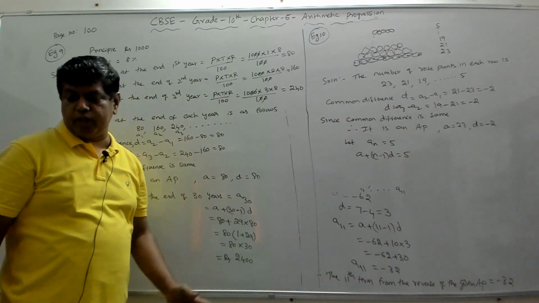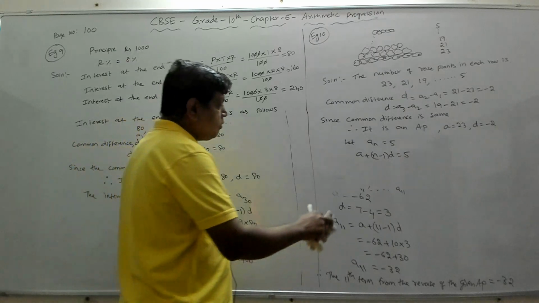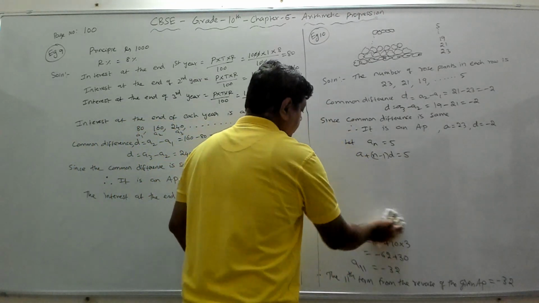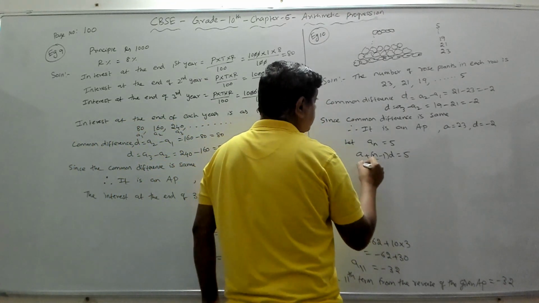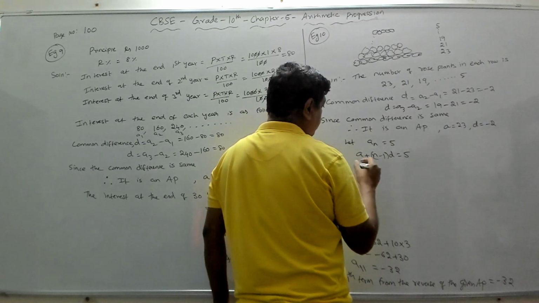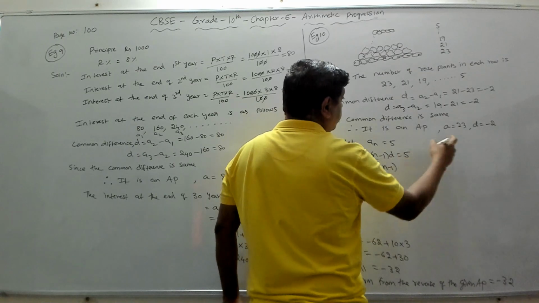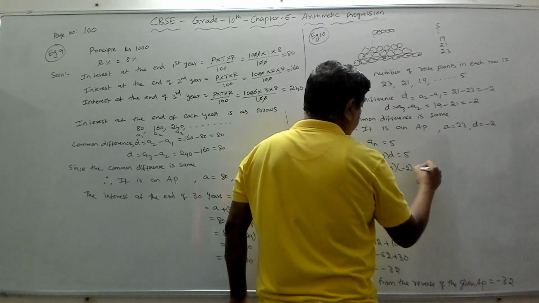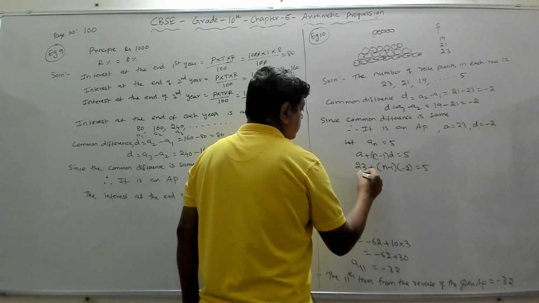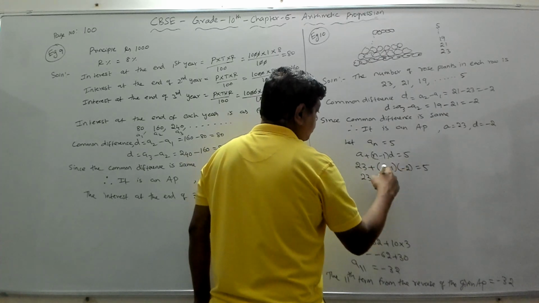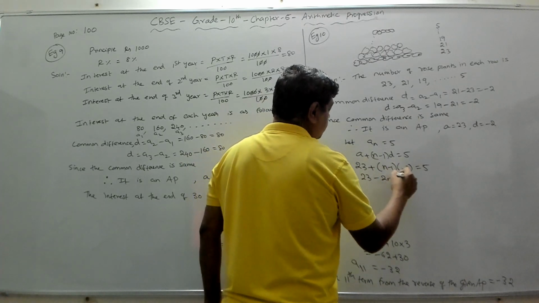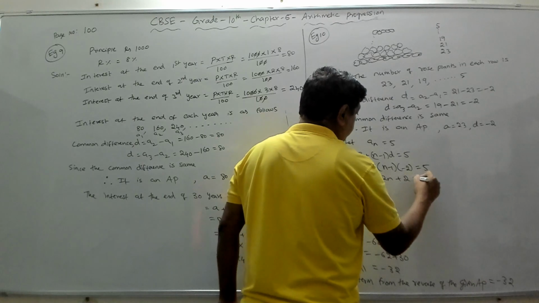So we have assumed that there are n rows. Now we will find the value of n. Now a is 5. No, a is 23, sorry. 23 plus n minus 1, n we don't know, into d, d is minus 2, equal to 5. Right. So 23 minus 2 into n is minus 2n. Minus 2 into minus 1 is plus 2, equal to 5.